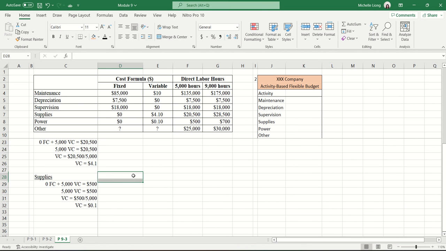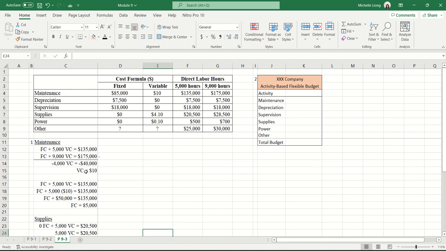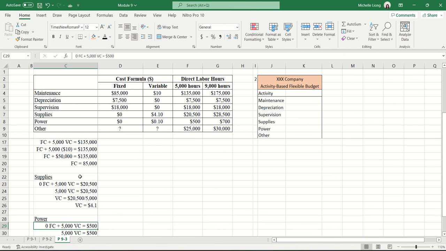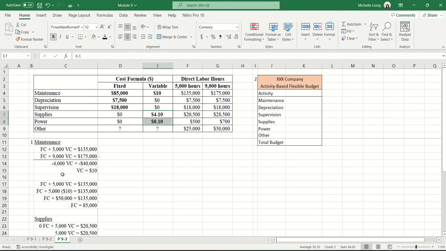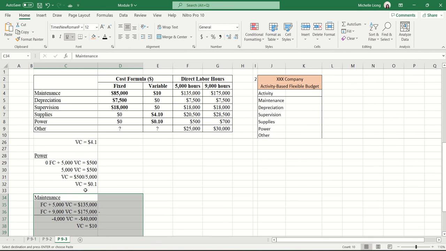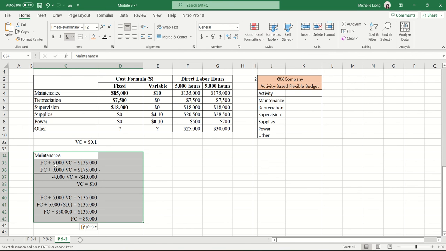Okay. Continue to other. So other is the same with the first one because we're going to find the fixed and the variable cost. So we're going to use the same one with the first one, which is maintenance. Okay, maintenance. Copy. For the fixed cost, it's the same with this one, but the amount is different.